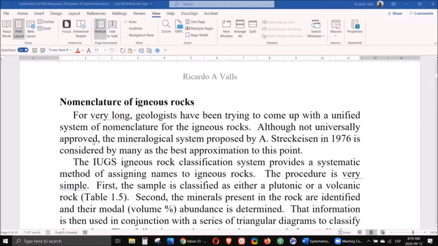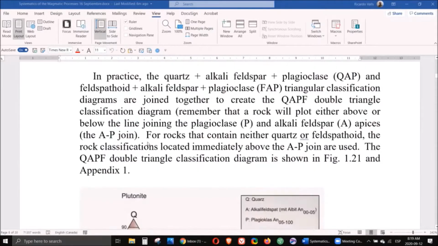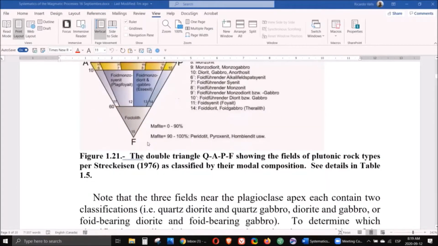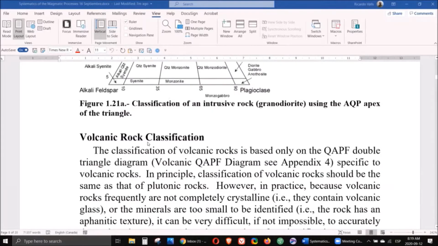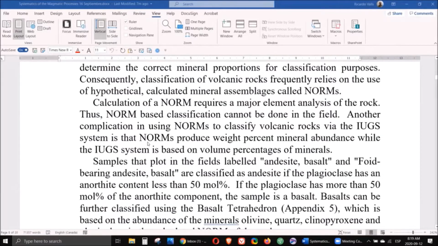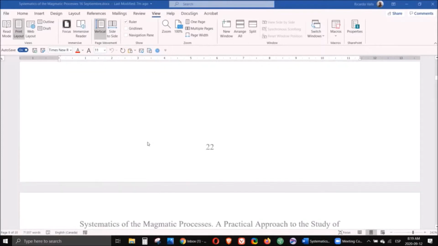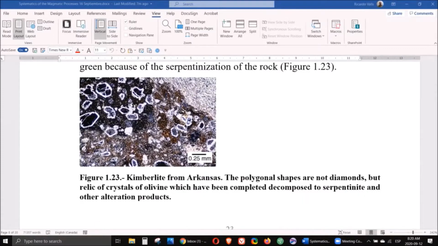There is a section for the nomenclature of the igneous rocks. You have here, for example, the double triangle by Streckeisen and the QAP triangle. There is a section for volcanic classification of rocks. Again, all the rocks come with pictures, some of them microscopic, some of them macroscopic.